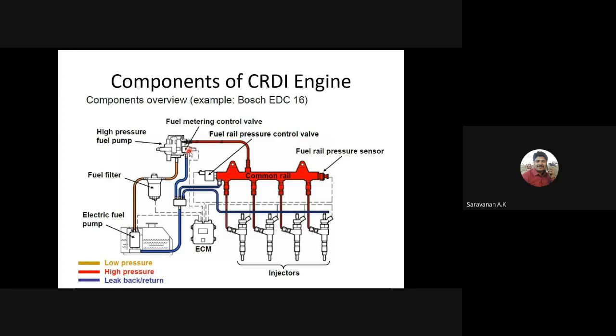Then another important component is the high pressure regulator valve. Here you can see the fuel pump high pressure control valve, which is called the high pressure regulator valve. We use it to control the high pressure fuel which is delivered to the common rail.